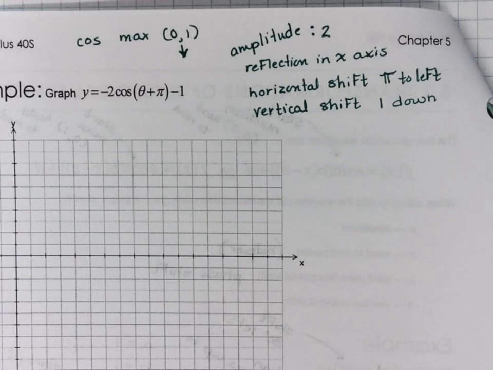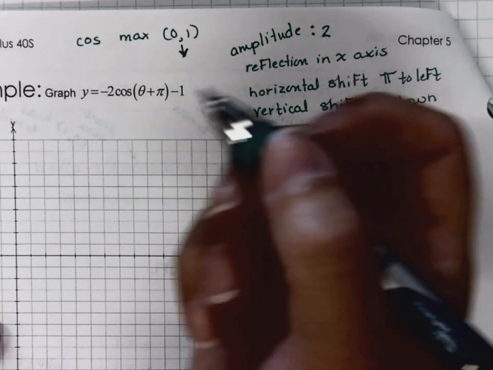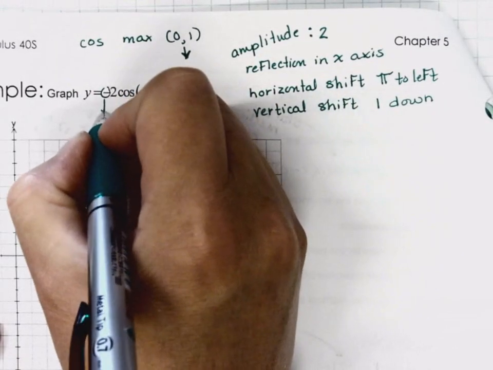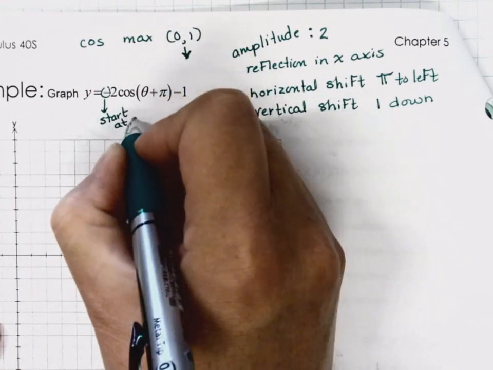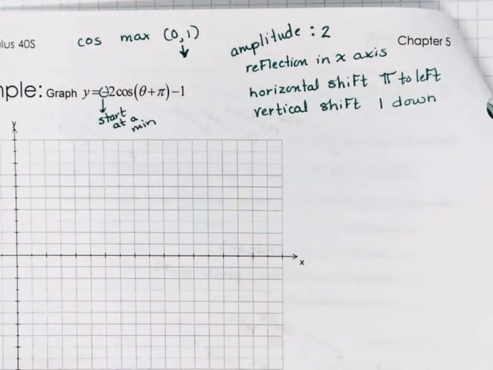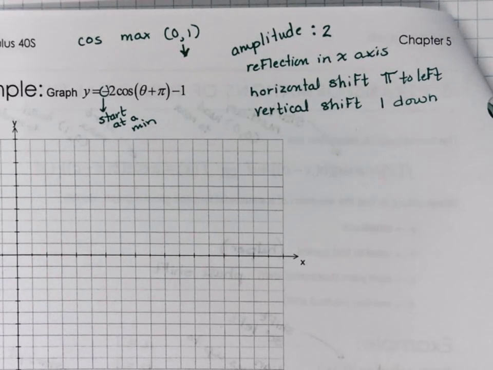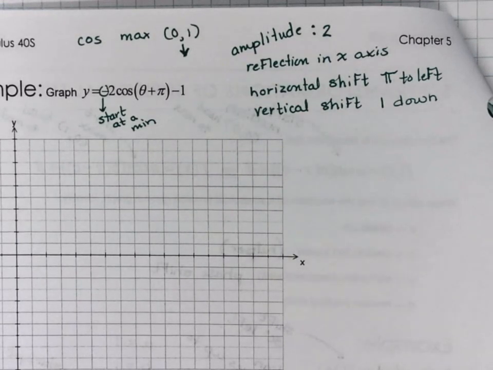If it was a maximum, if we reflect it, it's going to be at a minimum. So this reflection tells me to start at a min. So that's what that is telling me to do. If this were a sine graph, you'd still start at the median, but your next point would be to a minimum. Very confusing. We'll get better at it, I promise.